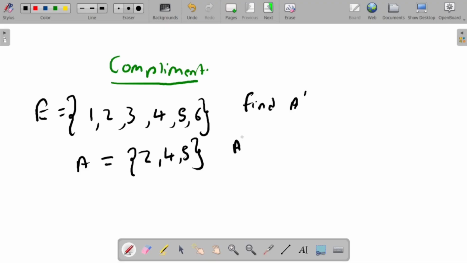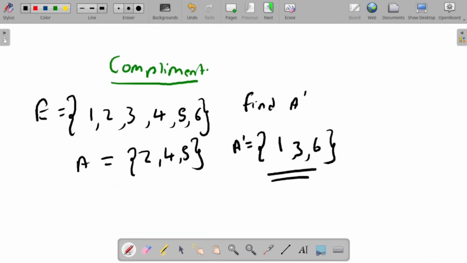So A complement in this case is going to be 1, 3, and 6. These are elements that are found in A complement, because these elements are not in A, but they are present in what? In the universal set. So basically, these are the operations that we're supposed to focus on.